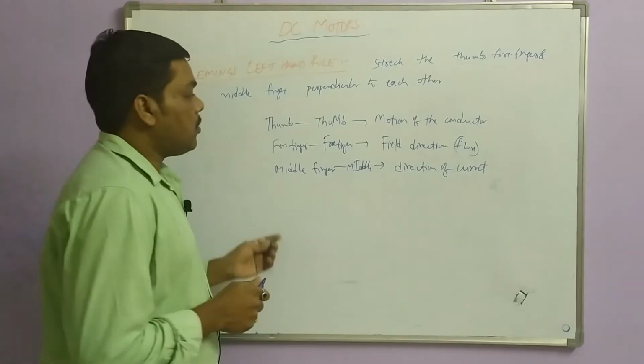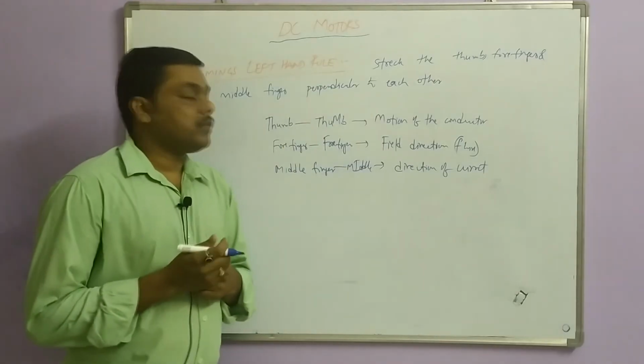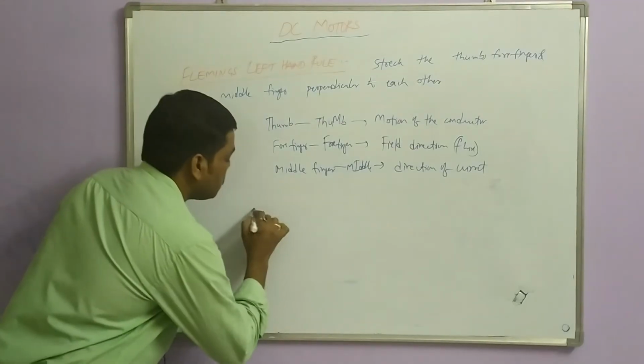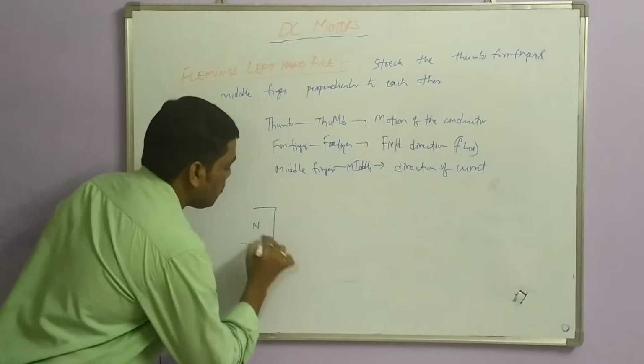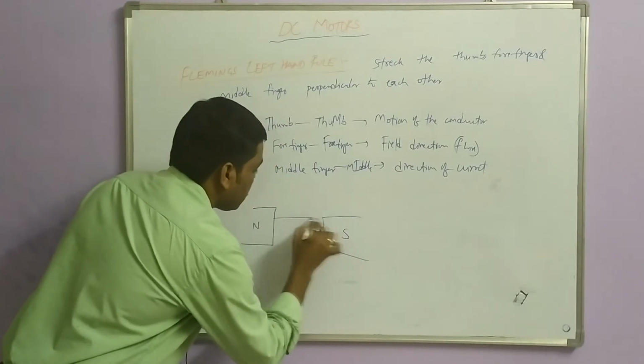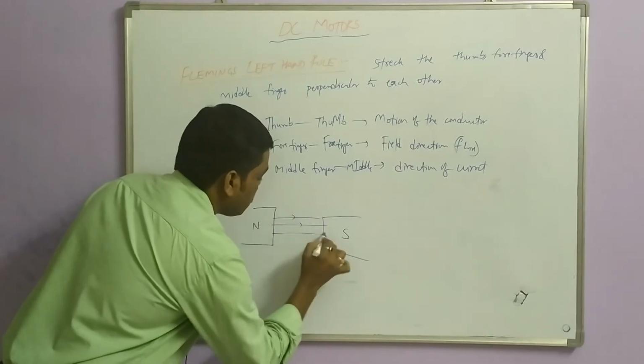Now we will elaborate how Fleming's left hand rule determines the direction of rotation. Assume this is a north pole and this is a south pole, and the flux is flowing from north pole to south pole.